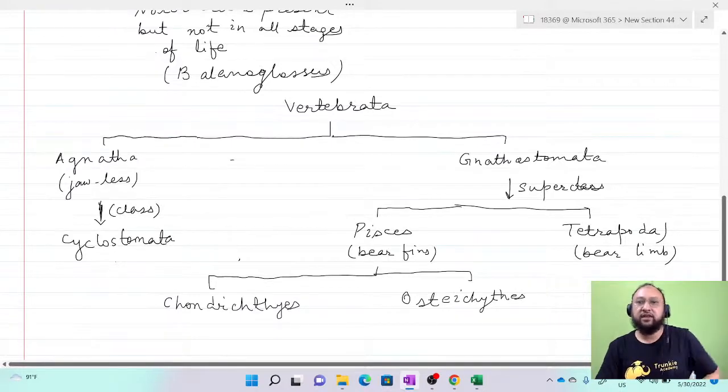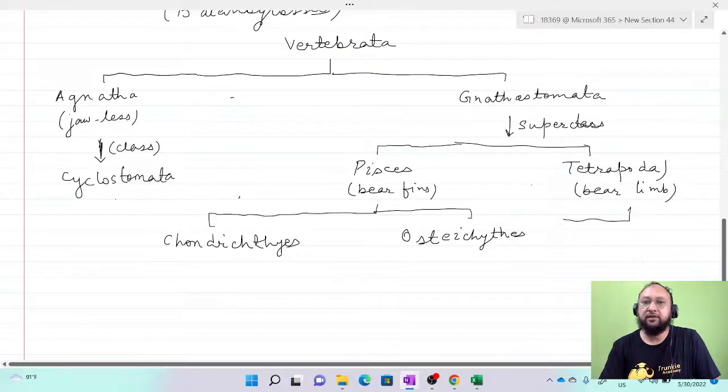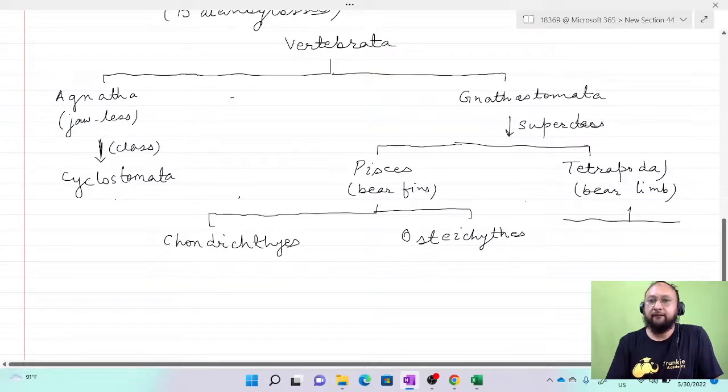Osteichthyes, and then here are the different classes. About five classes are there: 1, 2, 3, 4, 5. Okay, these are the classes.